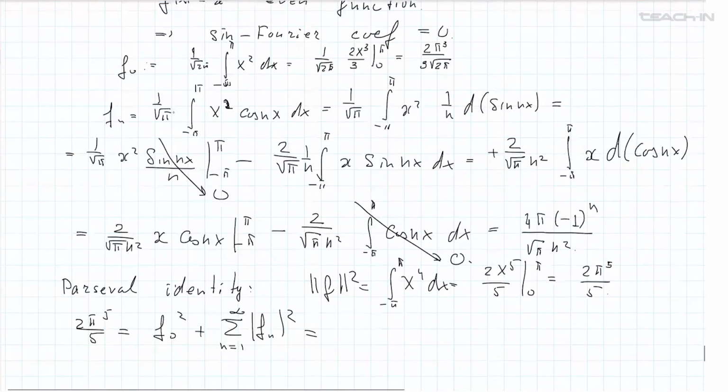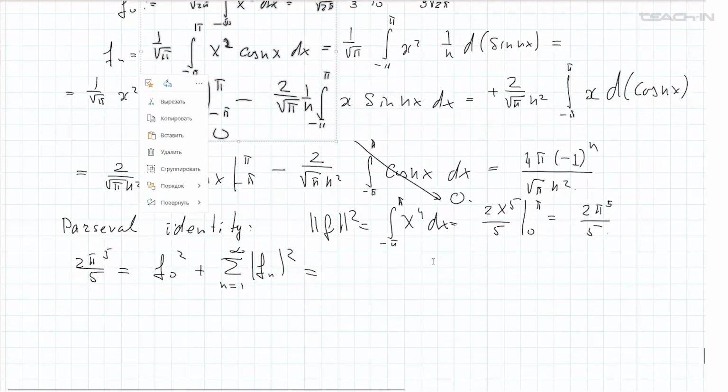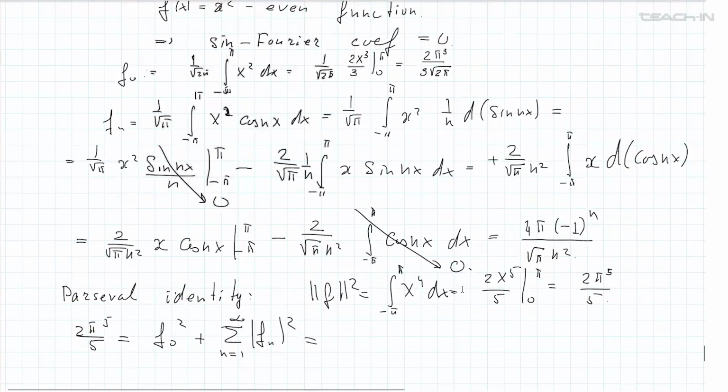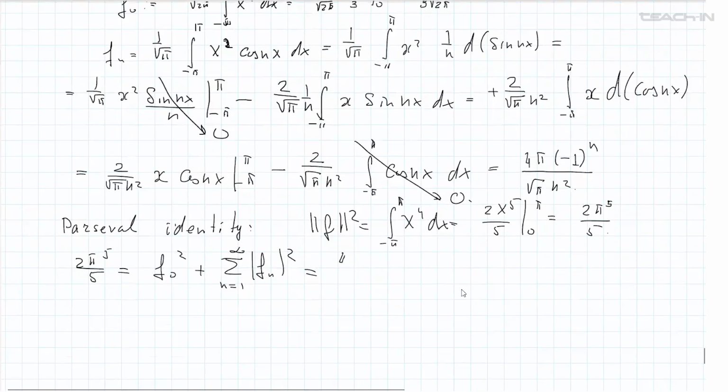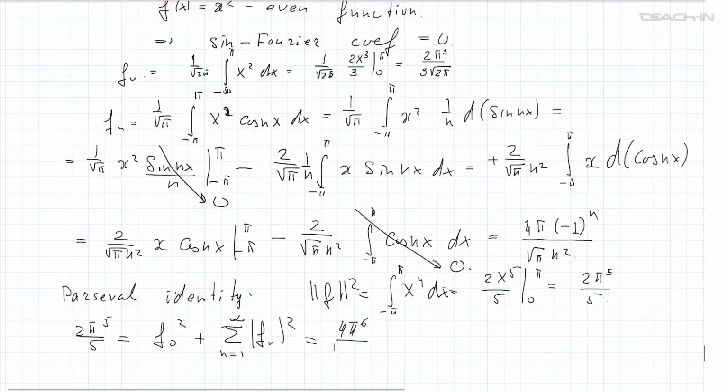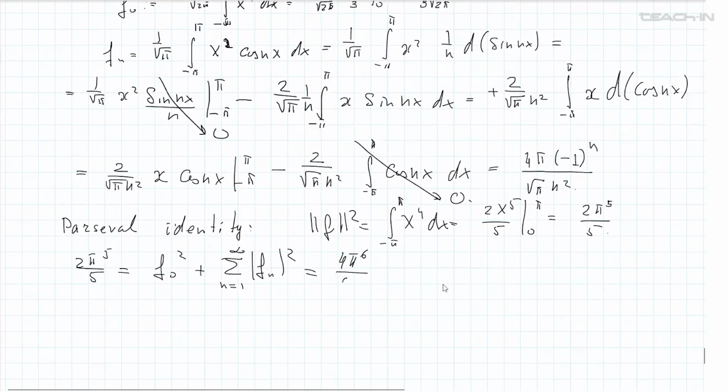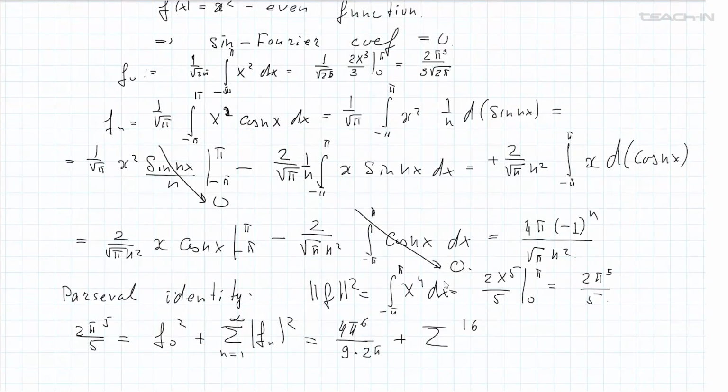I write it again, just what we have. 4 pi power 6 over 9, multiplied by pi, plus sum, these signs don't matter, 16. Something strange, because I have something not homogeneous in power of pi.